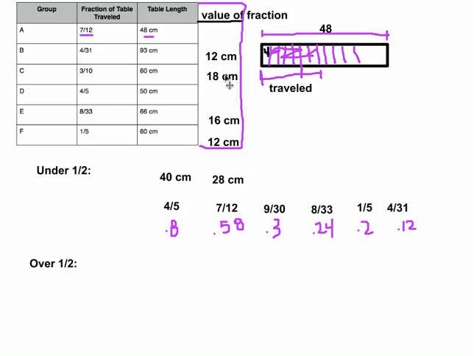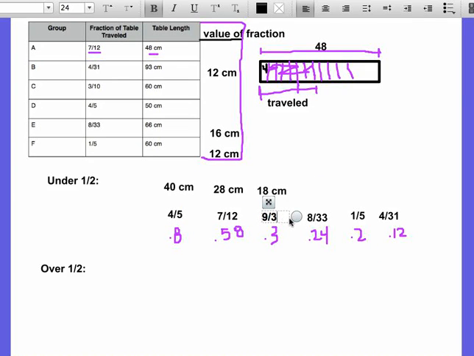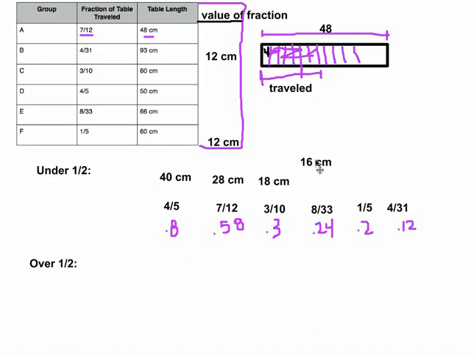Next we have 18, and that 18 centimeters actually corresponds to that 3/10. Oh, I accidentally wrote 9/30. That is 3/10. I should have written that at the beginning. Next, we have 16 centimeters, and that does correspond to this. Next is 1/5. Oh, and there's actually a tie here.